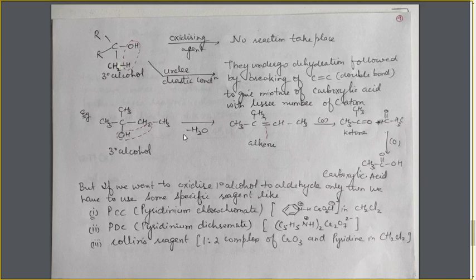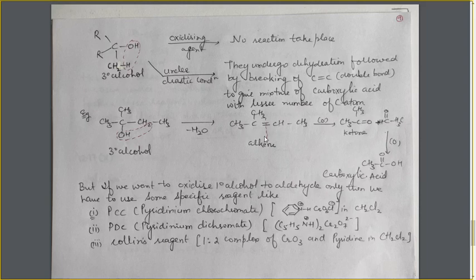Now first, during oxidation under drastic condition, the loss of water takes place, and the loss of water takes place as OH group from this carbon atom and hydrogen atom from this carbon atom. Now can you judge why the hydrogen atom is removed from this carbon atom, not from this and this carbon atom?